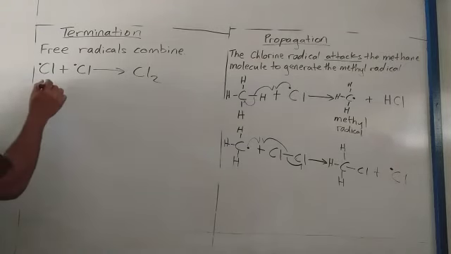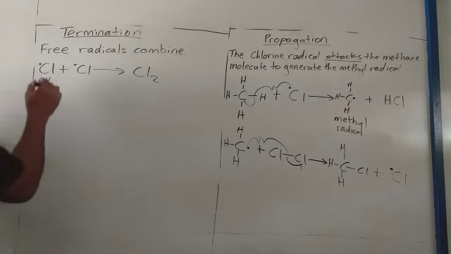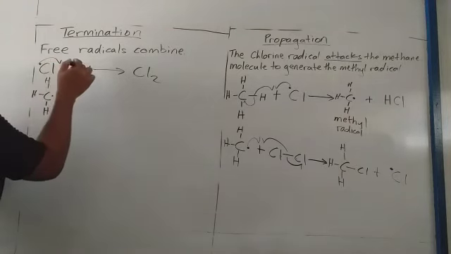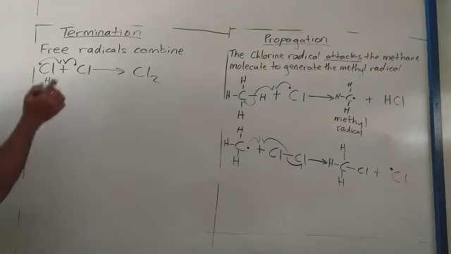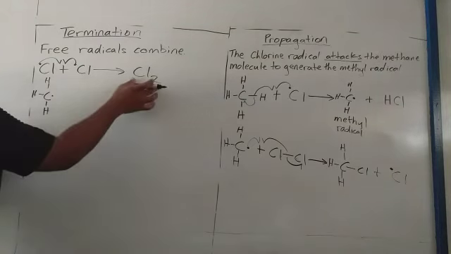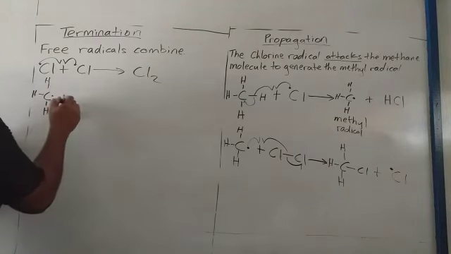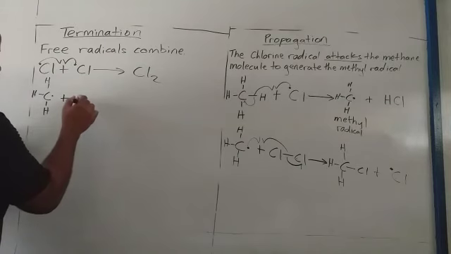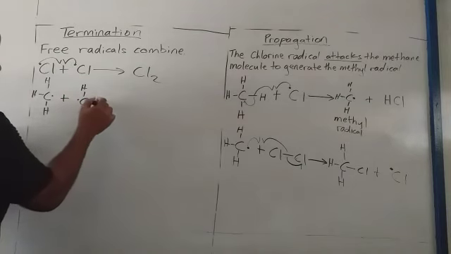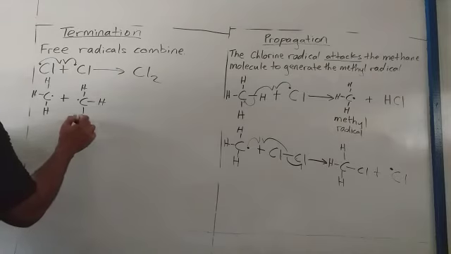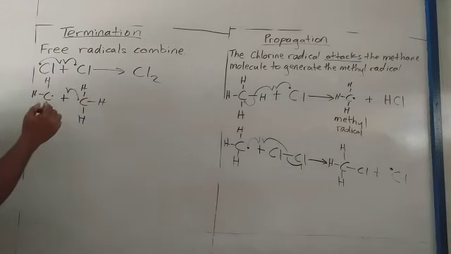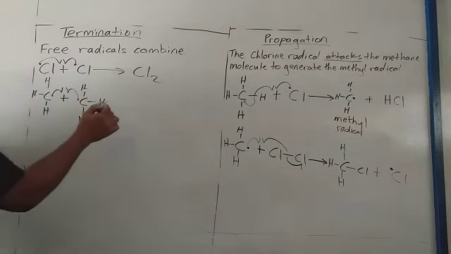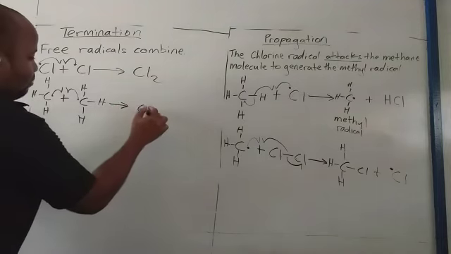Two of the methyl radicals can combine. Alright, so two chlorine radicals can combine, you get a molecule of chlorine. Two methyl radicals can combine, and you will get a molecule of ethane.